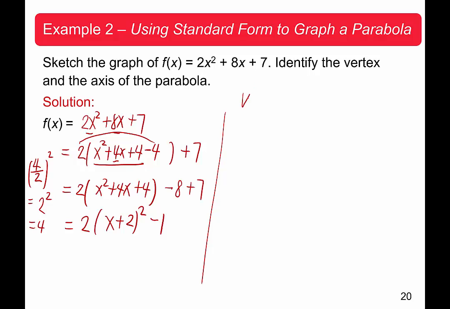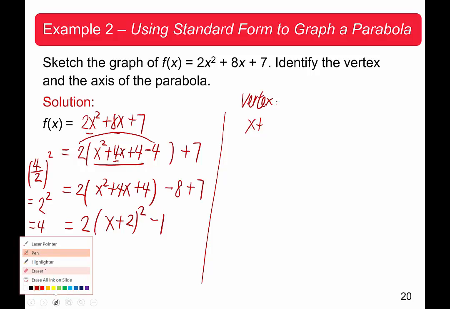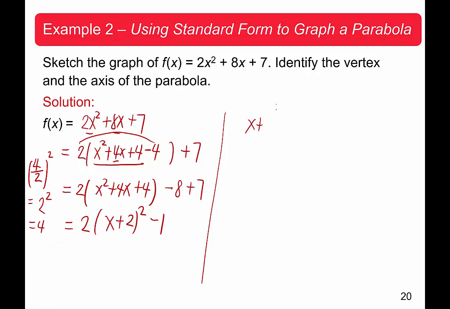Actually, let's do the axis of symmetry first, because that's easier. So once we complete the square, for the axis of symmetry you're just setting whatever is inside the parentheses equal to 0, then we get the axis of symmetry x equal -2.